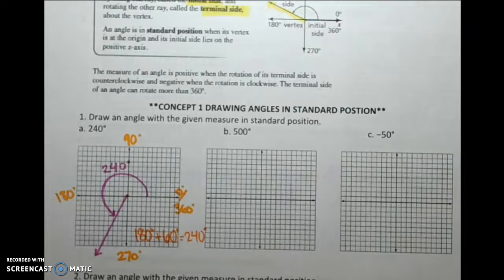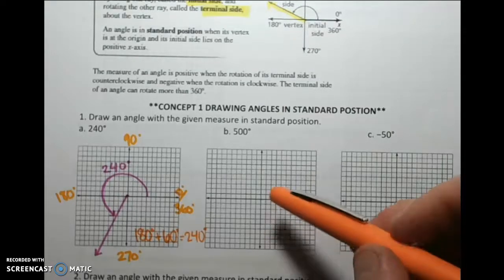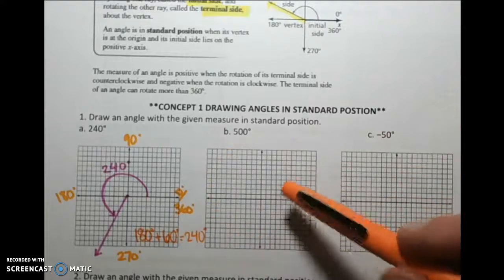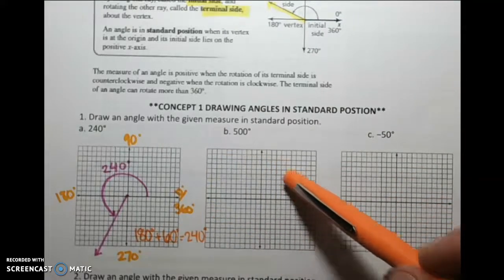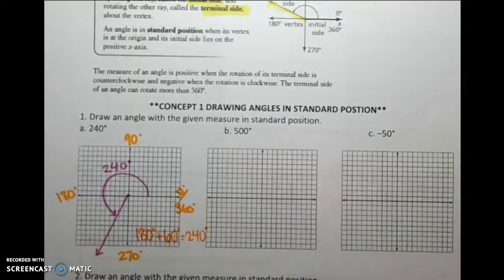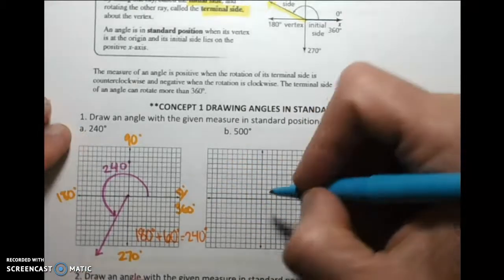B, 500 degrees. All right, so this one is more than 360, so I'm going to go the 360, and then maybe I go just 140 more, or maybe I go the 90 and then the 50 more. Just kind of how you see it, but I'm going to start here.